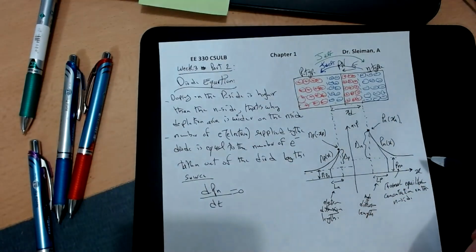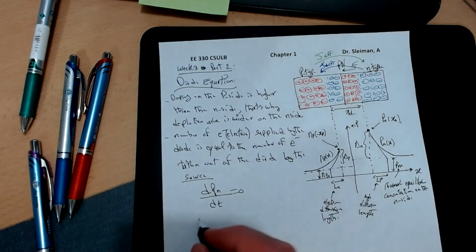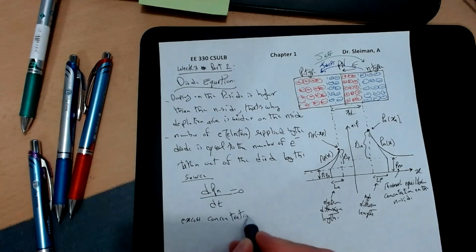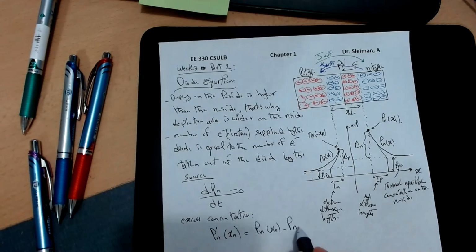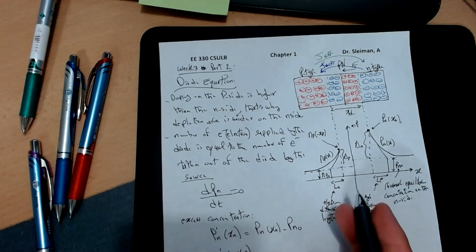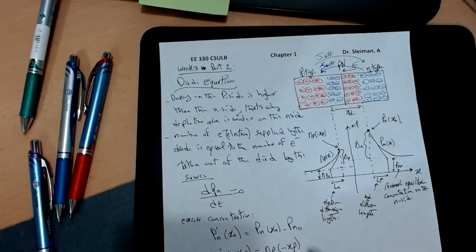So the excess concentration: pn(xn) is equal to pn0, and np(negative xp) is equal to np0.